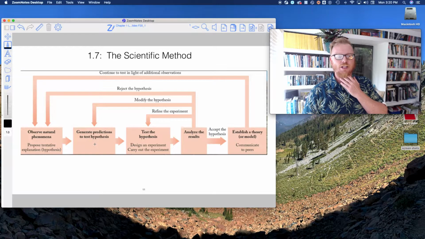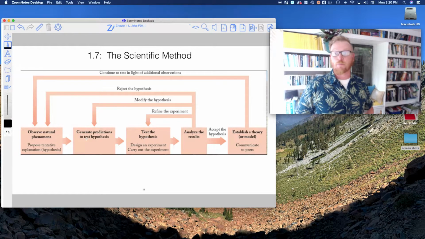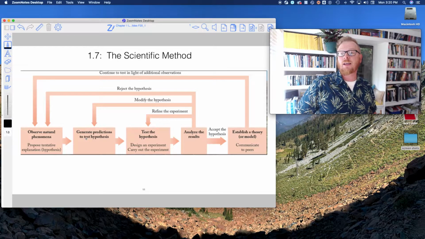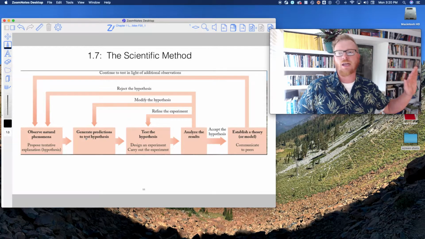So then we have to generate some predictions to test that hypothesis. And I started off with a really terrible example, right? Because some of the early people, the first people to observe the stars, man, that must have been tough coming up with those hypotheses. But one of them might be, oh, I see the stars move each day. They change positions just slightly.